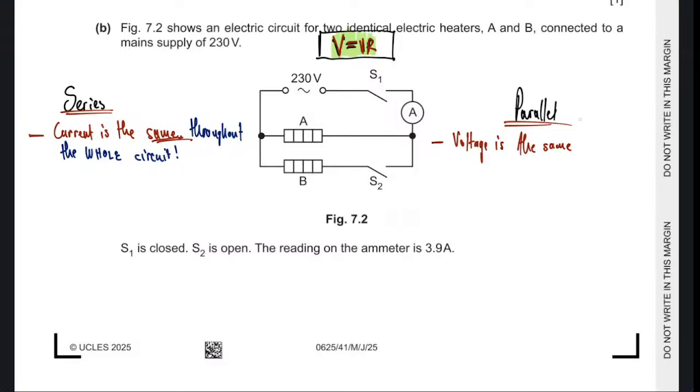For parallel, voltage is the same throughout the whole circuit, which means all resistors have the same voltage as the source, because it's the same throughout the whole thing.